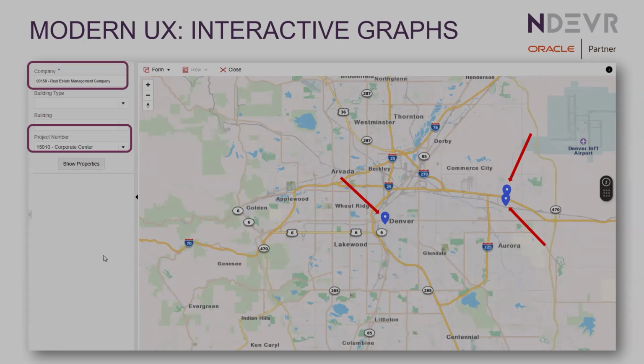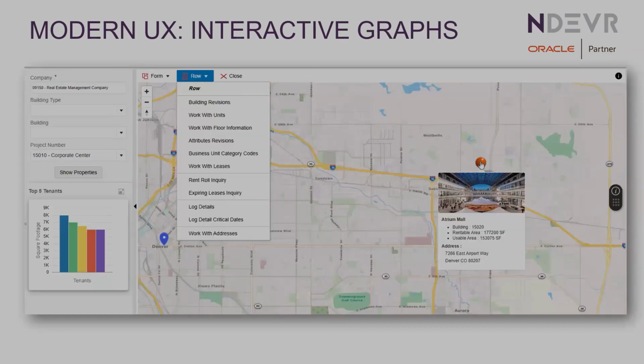I can zoom in, I can zoom out of the map, however I like. And I can also click on the little, I forget what you call it, the little pin. And I can see information. For example, here I can see some information about the Atrium Mall, the building number, the size of the property, and so on, the address of the property. I've also got a very nice picture of the mall there as well.